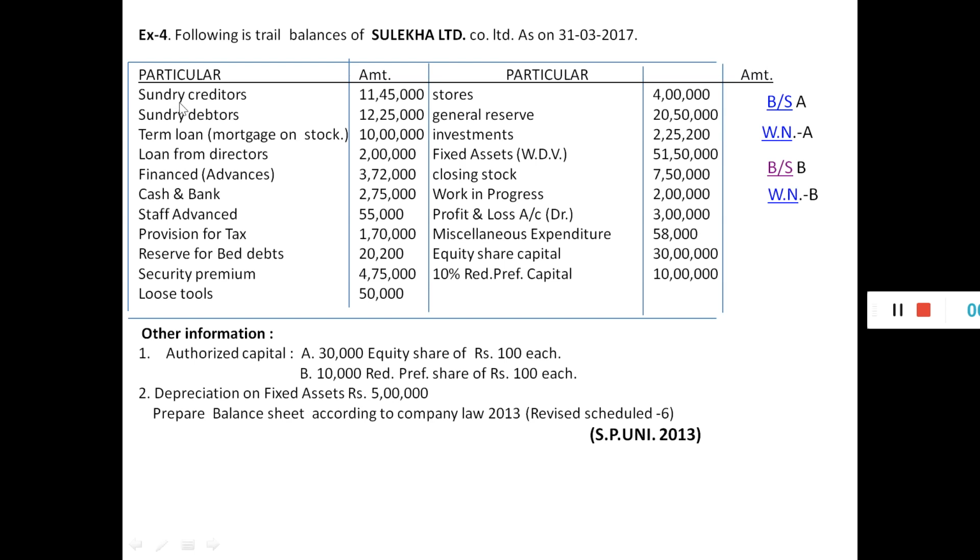Start from the sundry creditors. Sundry creditors will be shown in the balance sheet, Note number 9, trade payable. Sundry debtors will be shown in the balance sheet, Note number 18, trade receivables.